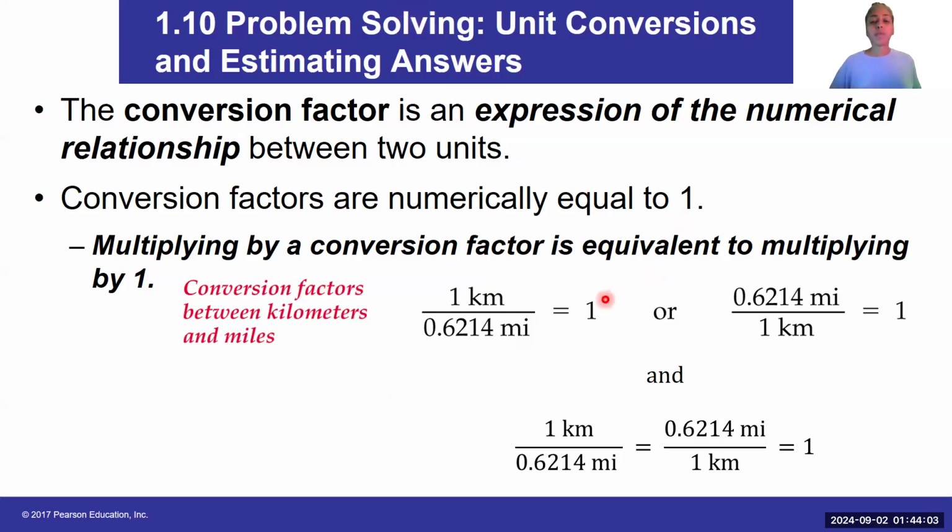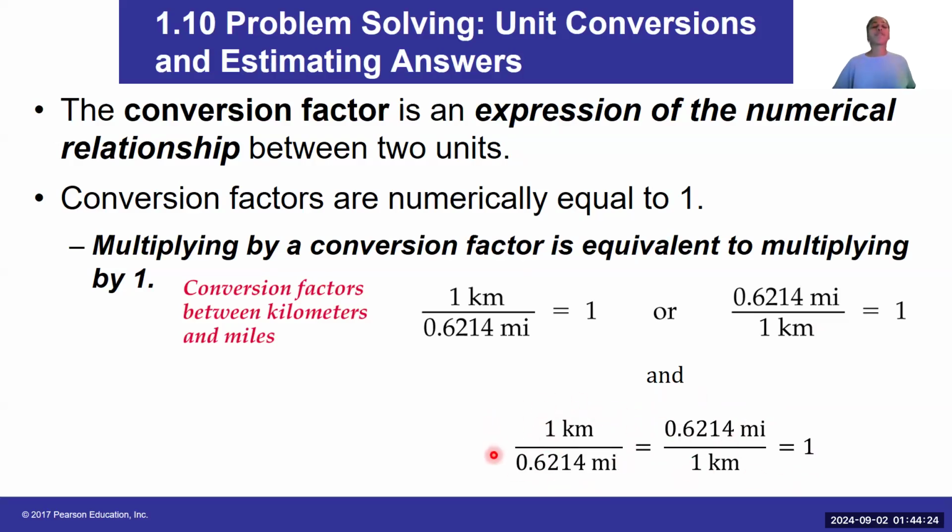Again, we also took a look at how we can rearrange these values. I can put the kilometers on top, the miles on the bottom, or I can put the miles on the top and the kilometers on the bottom. Both of them are numerically equal to 1.